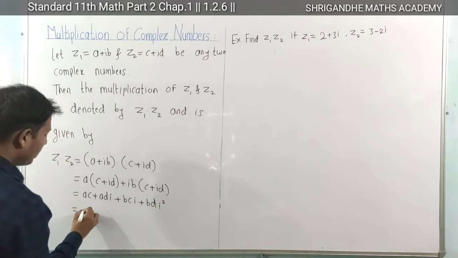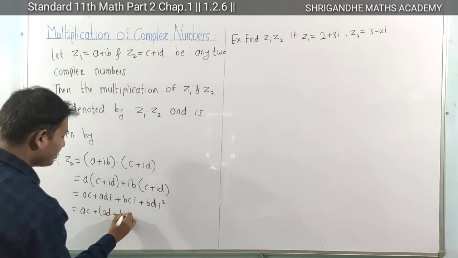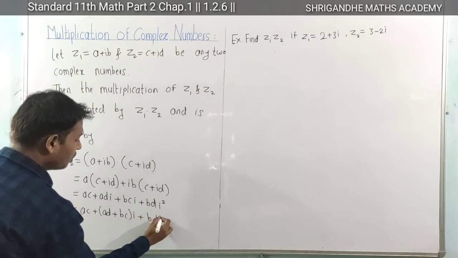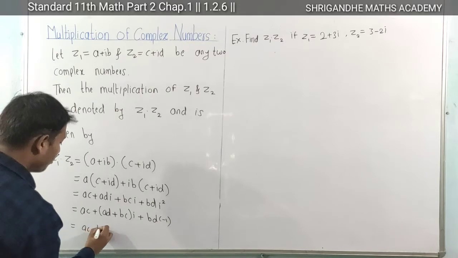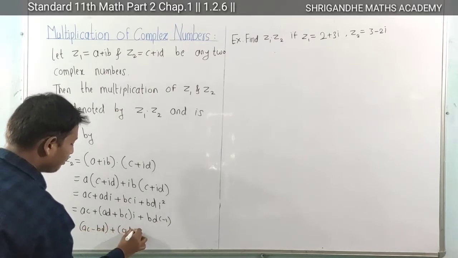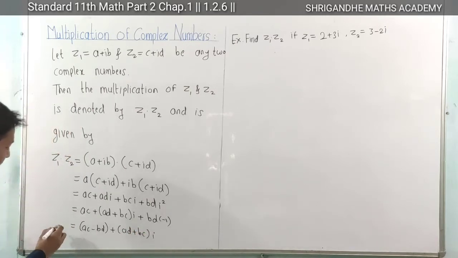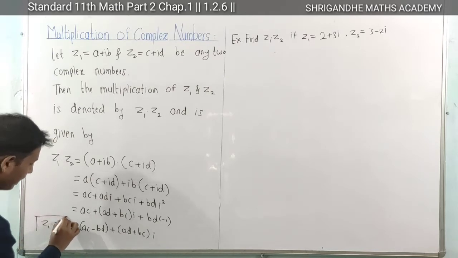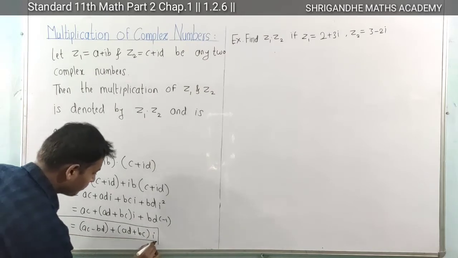This is equal to AC plus, in bracket, AD plus BC into I plus BD into minus 1. This is equal to AC minus BD plus AD plus BC into I. Therefore, Z1 into Z2 is equal to AC minus BD plus AD plus BC into I.